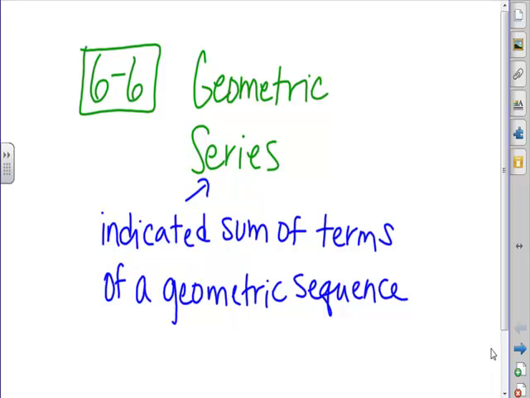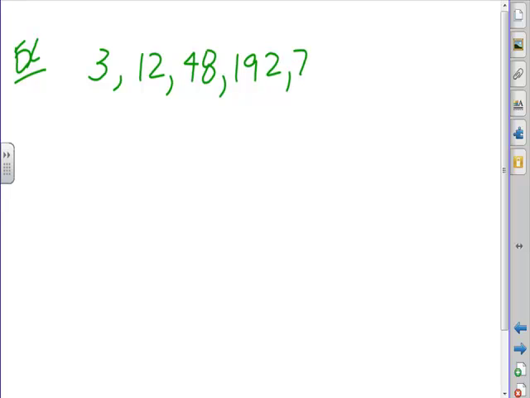So let's go ahead and look at an example. So here is a geometric sequence. If you were just given the sequence and asked to determine, is it arithmetic, is it geometric, I think you would pretty quick figure out it's not arithmetic because we don't continuously add the same number.